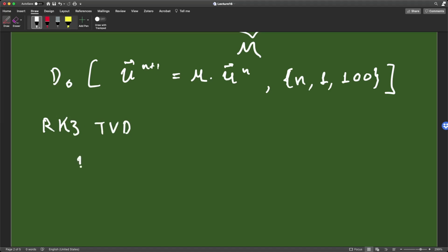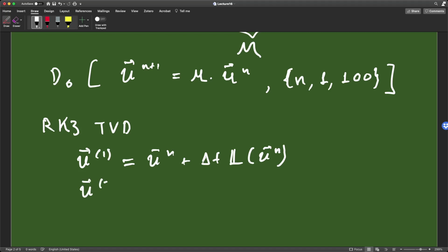In this case it involves two intermediate steps. So U1 is Un plus delta t L of Un, and this is true whether the equation is linear or not, the way it's written here. And then the second step is U2, and that's of this form.